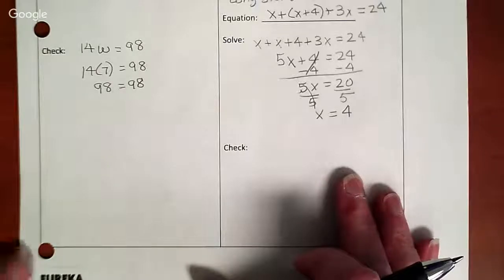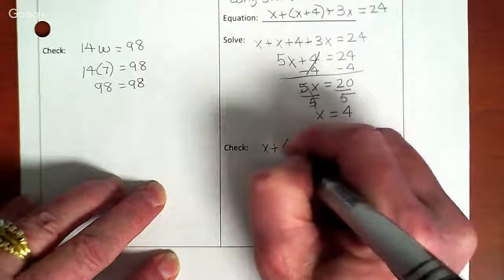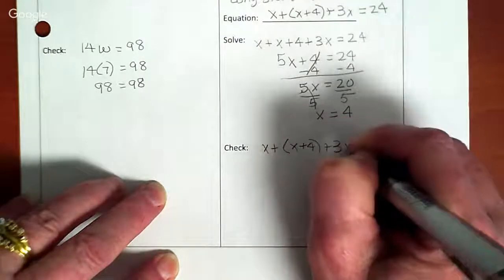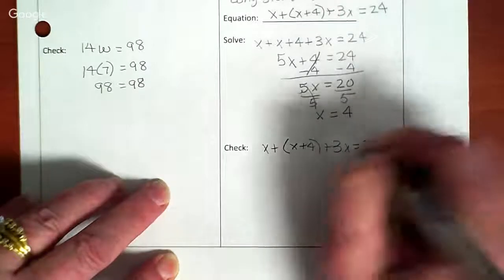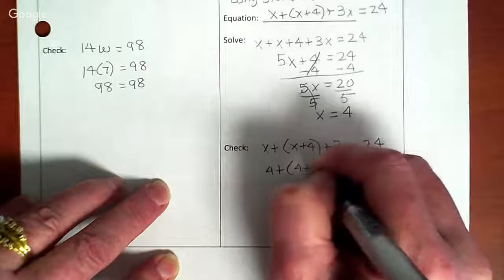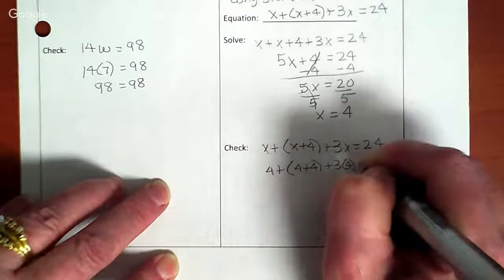Okay. Our check is x plus 4 plus 3x is 24. So we have 4 plus, in parentheses, 4 plus 4, plus 3 times 4 equals 24.